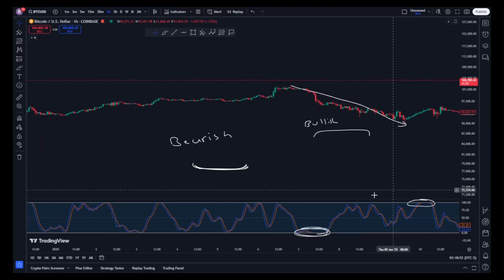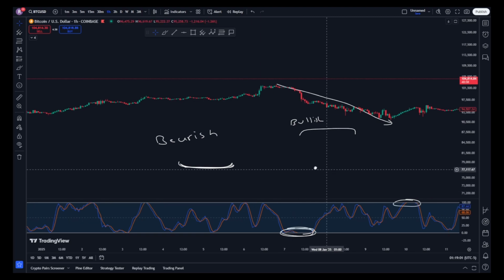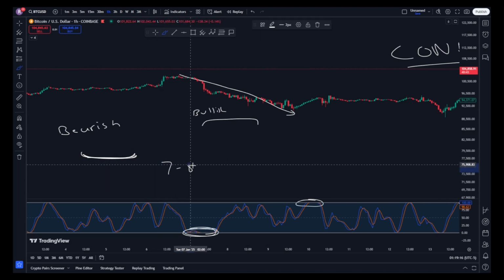So when you see these extensions, this is another indication of momentum either bottoming out or topping out. And it's another example of why you should not just trade based solely off this. You never know when this thing is going to extend because it can extend for a long period of time, right? Usually it's about 7 to 8-ish candles.